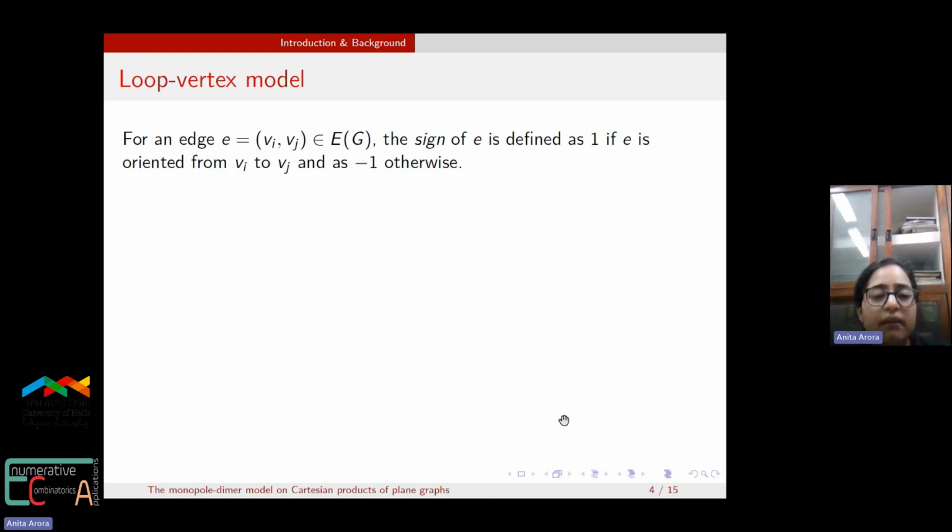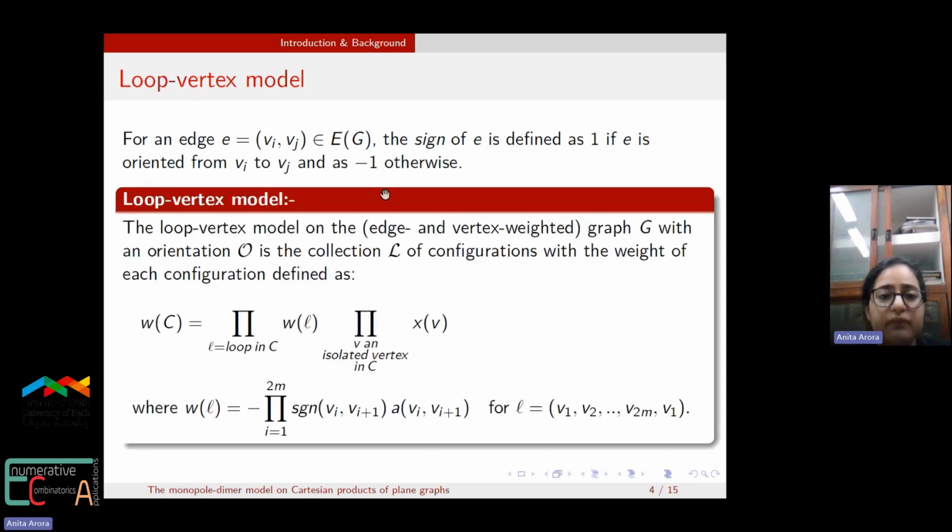Now, we haven't used the orientation of the graph till now. Let's use it to associate a sign with each edge. An edge will have a sign +1 if it is oriented from vi to vj and -1 otherwise. Now, the loop vertex model is the collection of all loop vertex configurations together with the weight function.